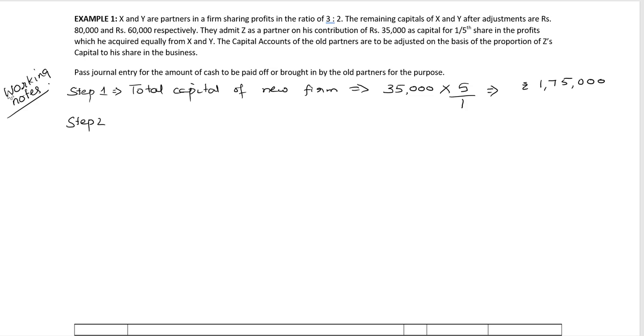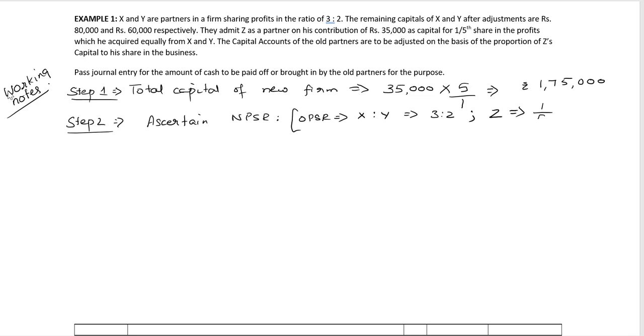Step 2, we need to ascertain the new profit sharing ratio. Since it's not given, we need to ascertain it. We have that the old profit sharing ratio between the two partners X and Y is 3:2, and Z's share in profits is equal to 1 divided by 5.